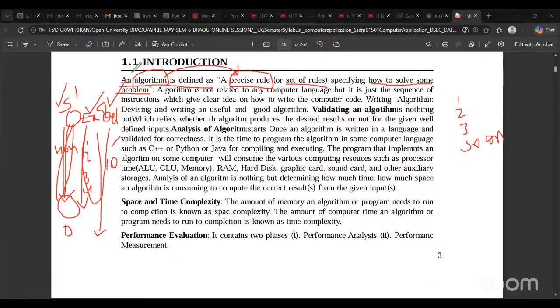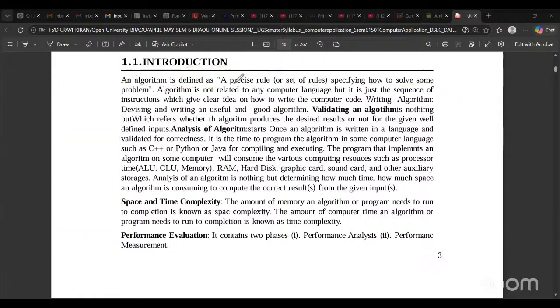That is what a precise rule or set of rules means. The set of rules are precise rules given to solve one problem.